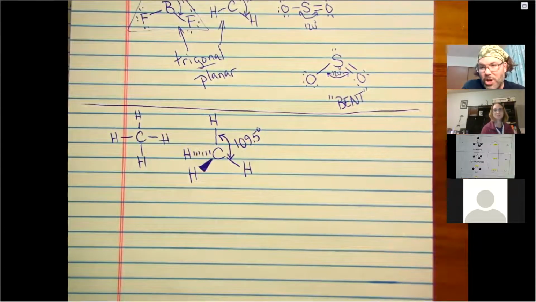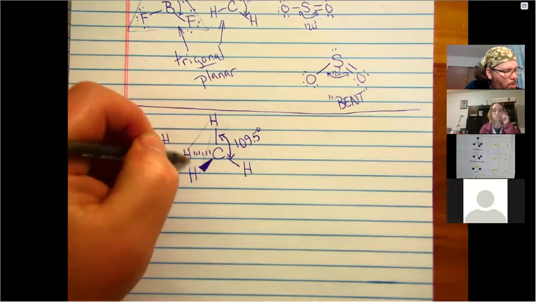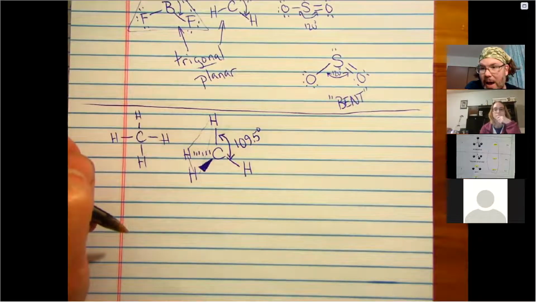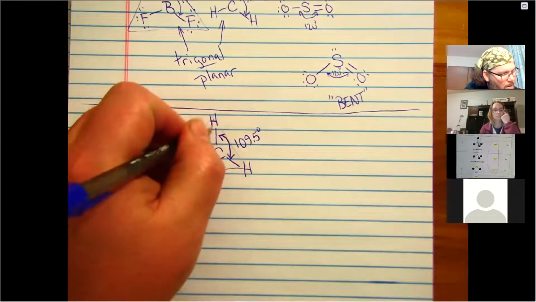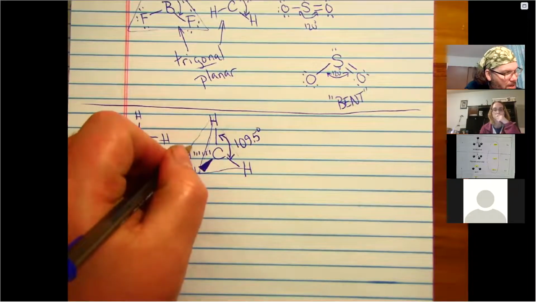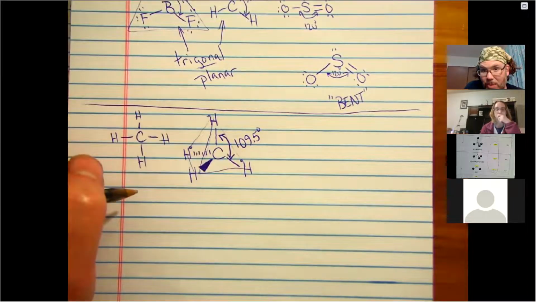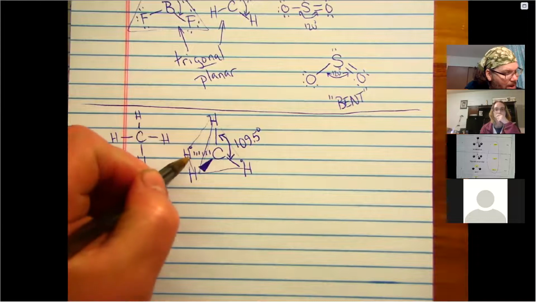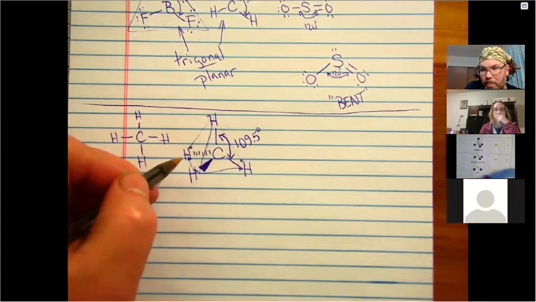So what do we call this shape? You have to use your imagination and think about it in 3 dimensions, all right? If we think about this in 3 dimensions and imagine that those 3 hydrogens form one side of a 3-dimensional figure, and these 3 hydrogens form another side, and this hydrogen and this hydrogen and this hydrogen form another side, the back side of a 3-dimensional figure, and then this hydrogen and this hydrogen and this hydrogen form a 4th side on the bottom.